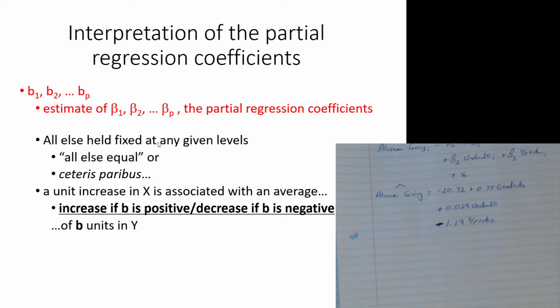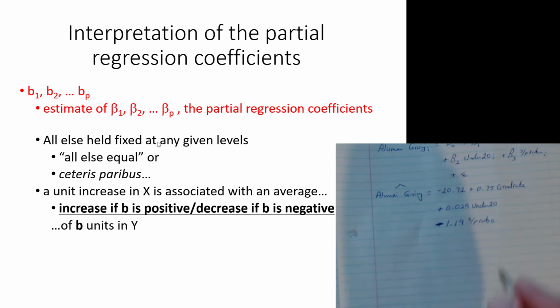Now, we look at that one coefficient at a time, and we go, okay, if that particular variable goes up by 1 unit or goes down by 1 unit, that coefficient represents the average change we would expect. I'm double using the word average and expect. It's a redundancy, but it's essentially what we'd expect the change in alumni giving to be, or what the change in alumni giving would be on average.